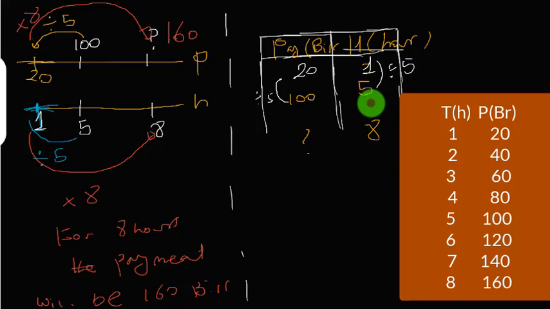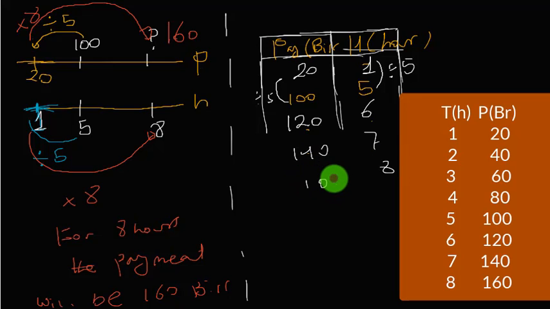For example, for 6 hours, he will be paid, multiply by 6, which is 120. Again, for 7 hours, you can see the sequence here. It's good to see the sequence. For 7 hours, he will be paid 140. And for 8 hours, he will be paid 160. So you see the table helps you more to visualize the problem.